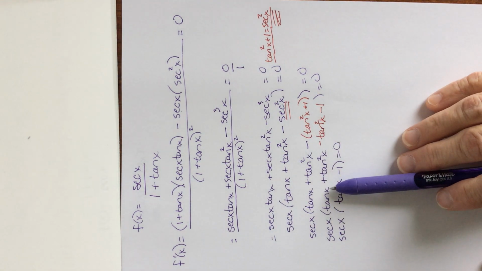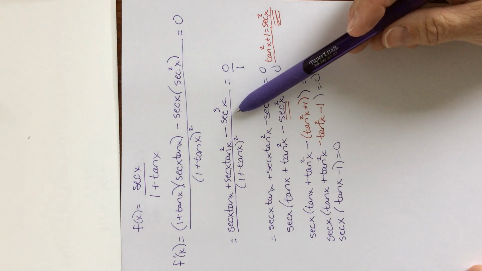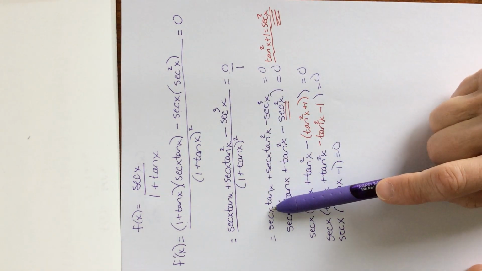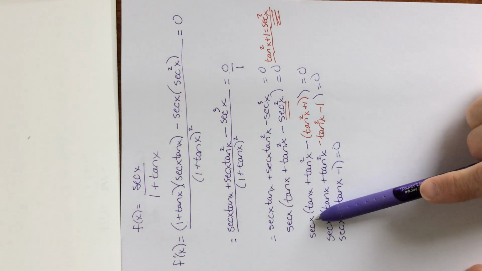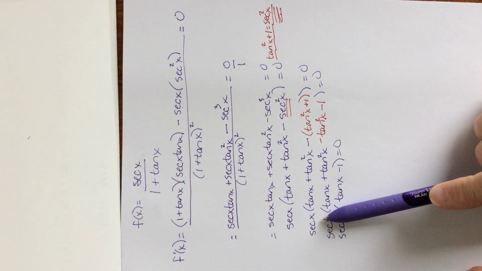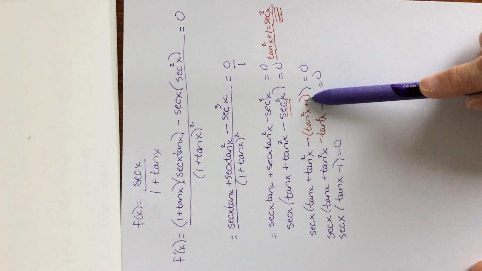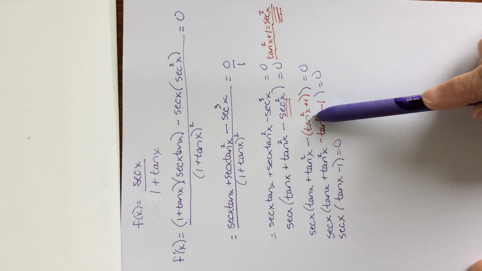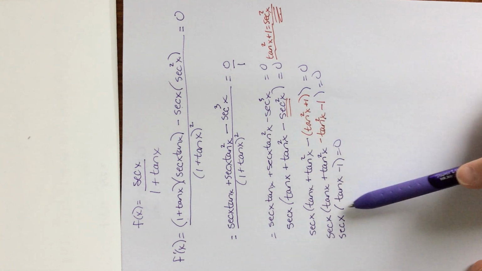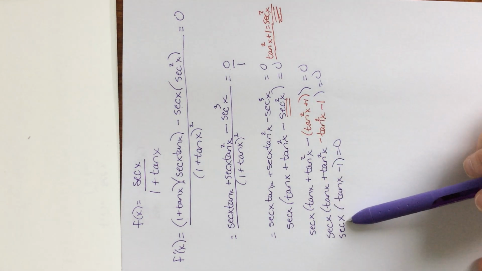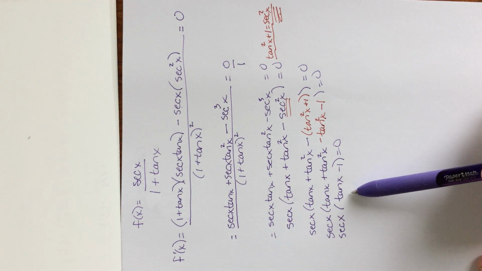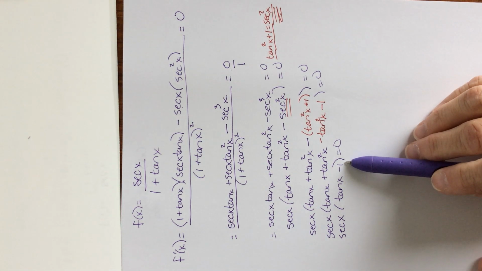So what we did is take this numerator, factor out secant, and clean this up by replacing secant squared with tangent squared x plus 1. Basically what I've got is secant of x times tangent of x minus 1 equals 0.